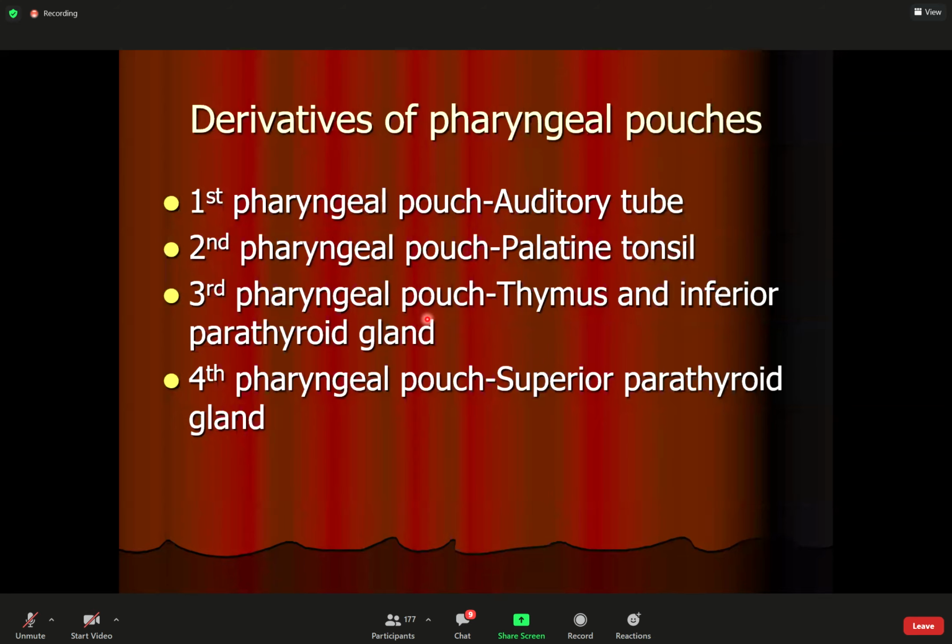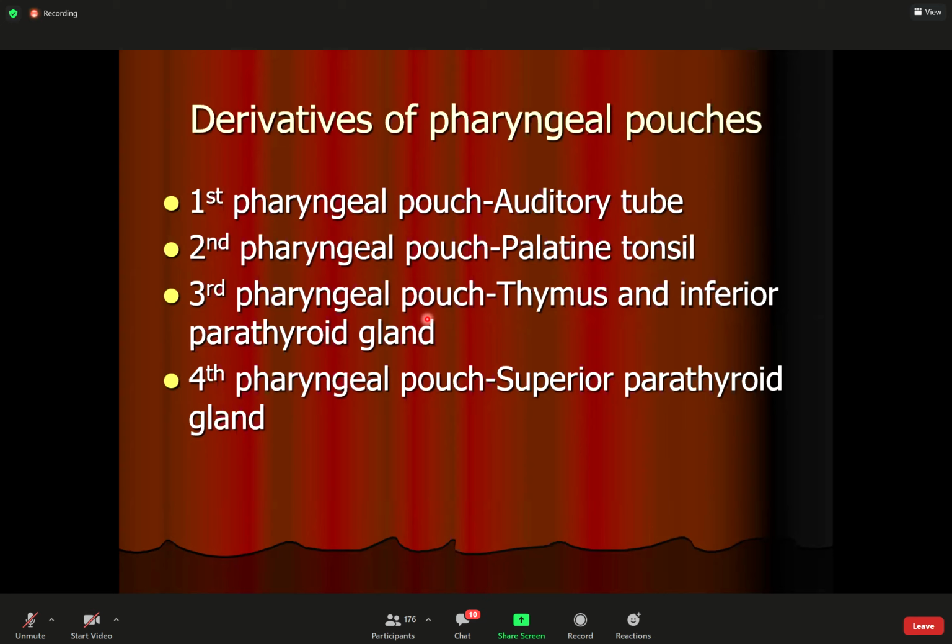It's so simple, because the thymus gland, particularly in the infant, is related to immunity, and the parathyroid gland is for calcium. So if there is a third pouch problem, it is DiGeorge's syndrome.